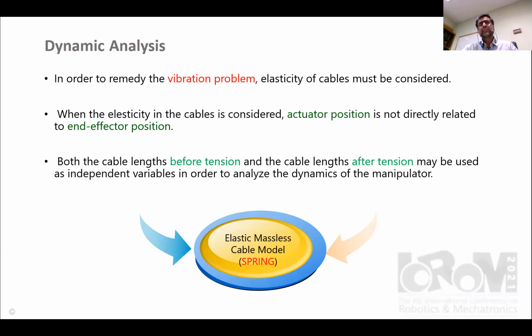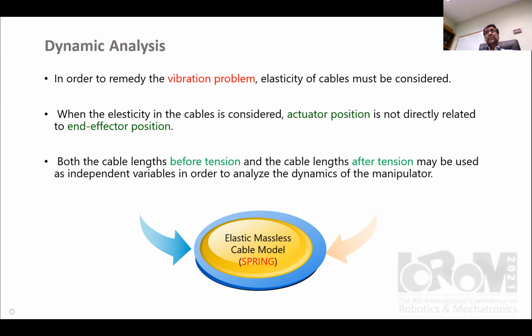When the elasticity in the cable is considered, the actuator position is not directly related to the end effector position. And in this situation, both the cable lengths before tension and the cable lengths after tension may be used as independent variables in order to analyze the dynamics of the manipulators.